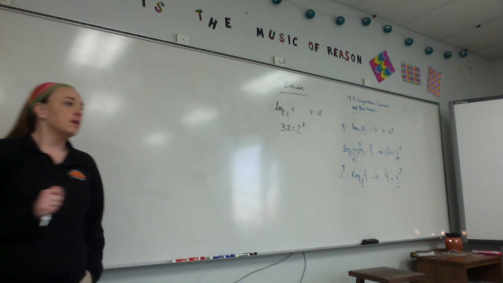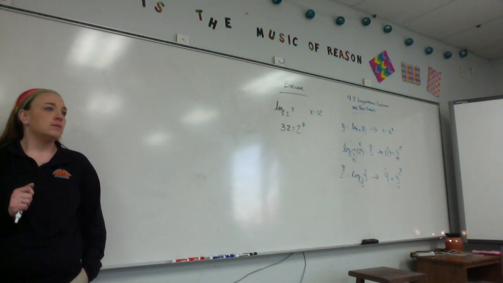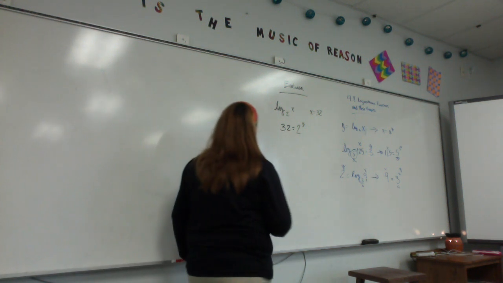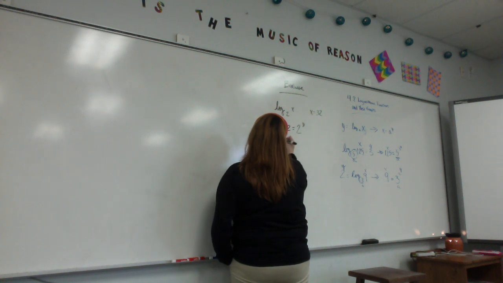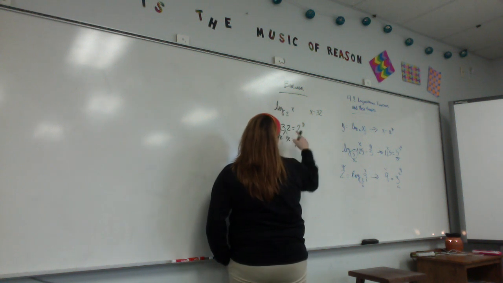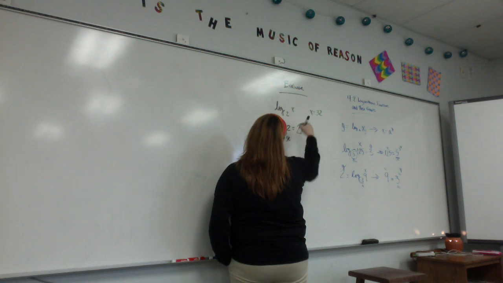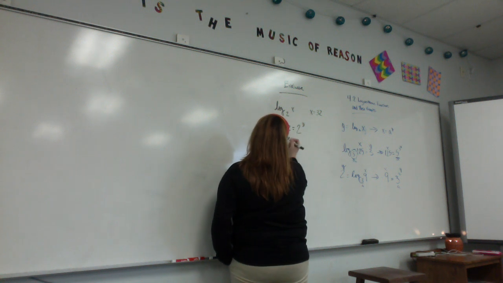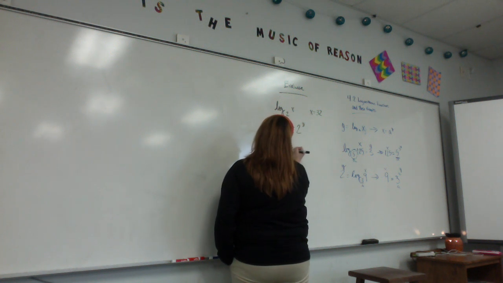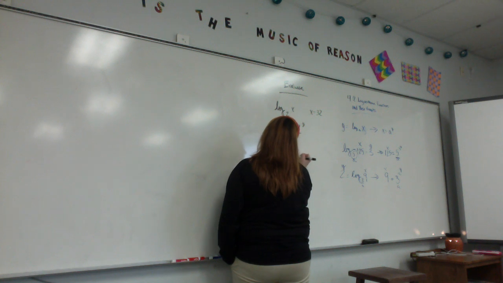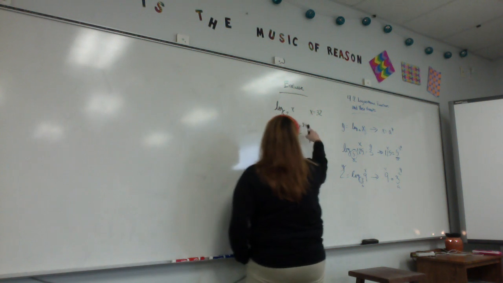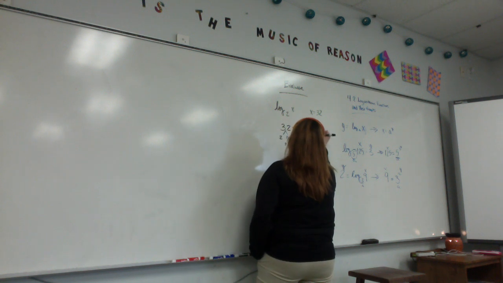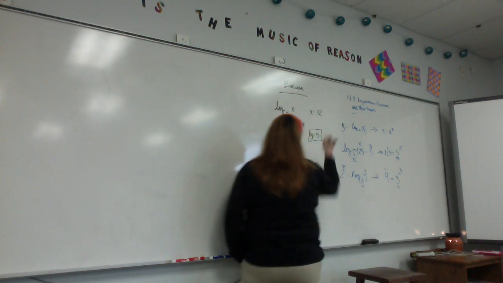Well, I can do one of two things. I can break this down into a factor tree: 16 times 2. How many 2's do I need to get to 32? 2 and 8, 2 and 4, 2 and 2. How many total? 5. So my y is 5. And that's what they want when they say evaluate.